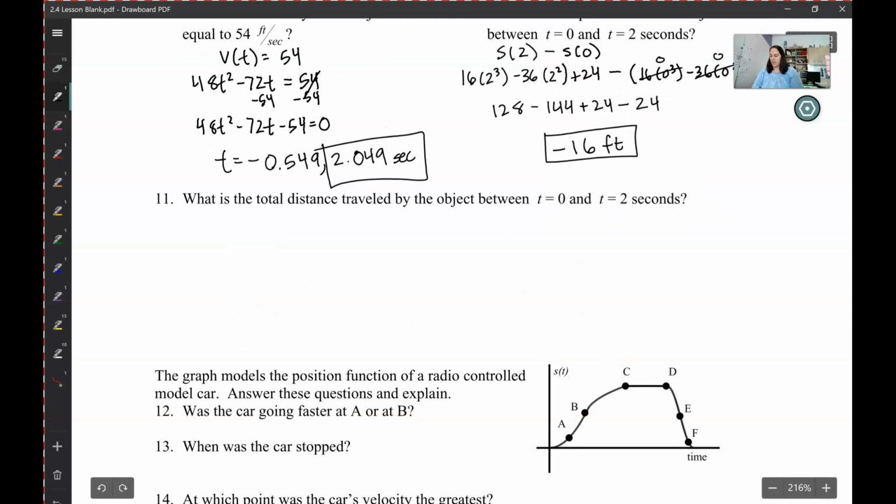Okay, last question for this one. Total distance traveled by the object. So total distance is a little tricky. You need to find the position at the start, so s of 0. You need to find the position at any direction changes, which we already found was at s of 1.5.